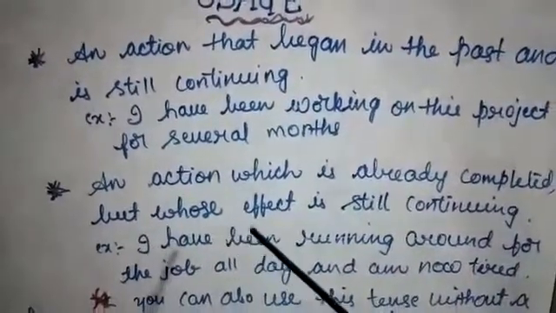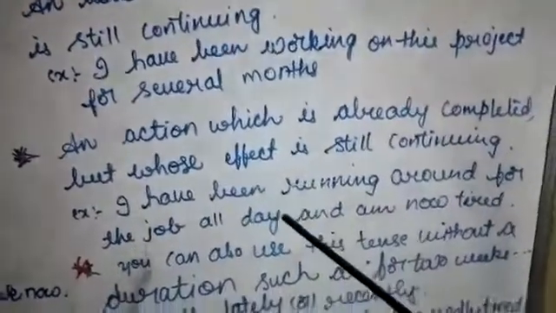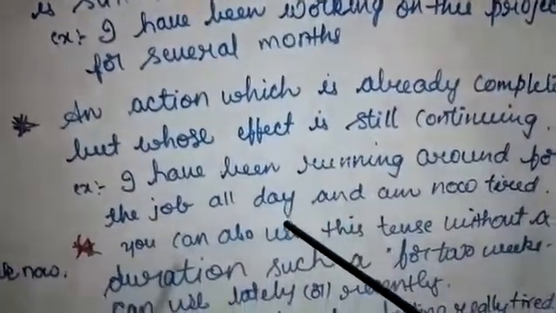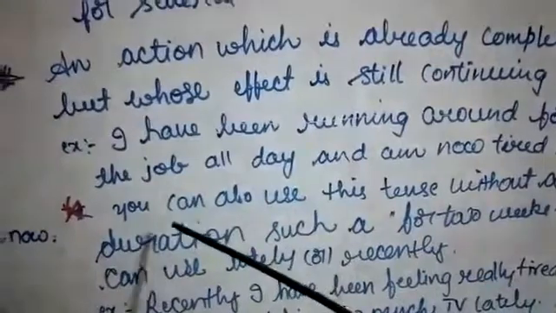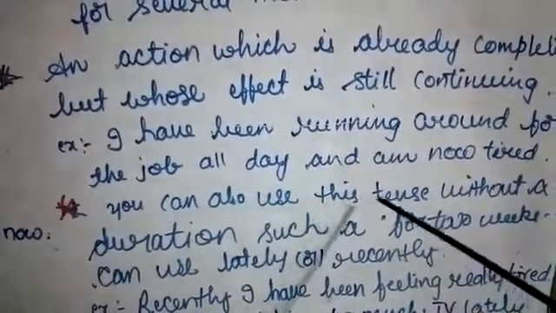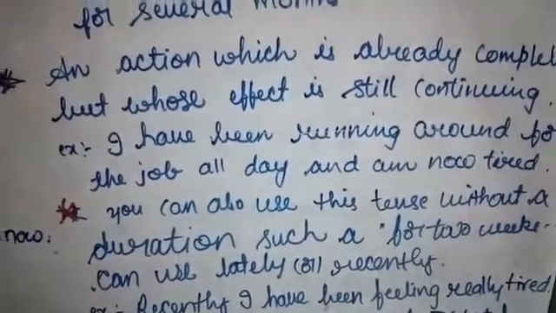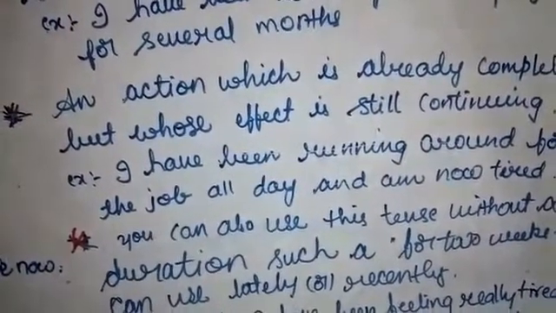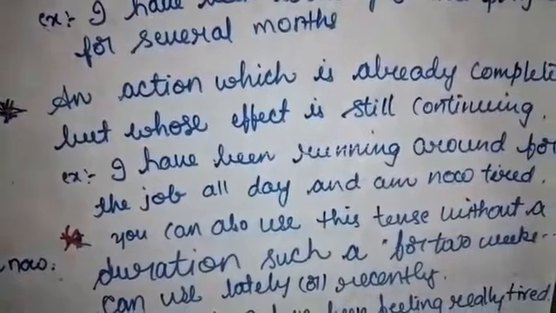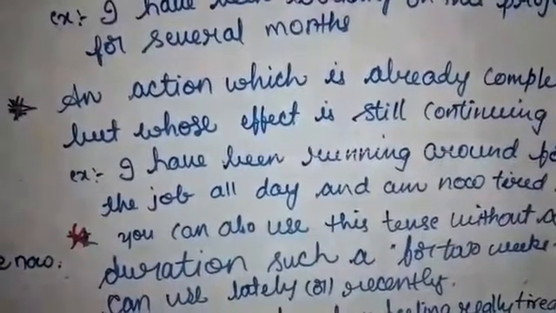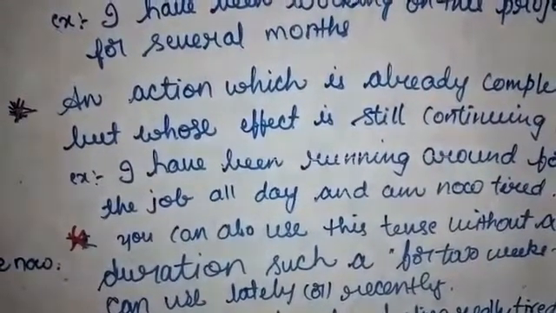Now we'll see the other uses of present perfect continuous tense. You can also use this tense without a duration such as for 2 weeks. For duration, already I have told you that you have to use the word for. With a point of time we have to use since, and for a period of time we have to use for.